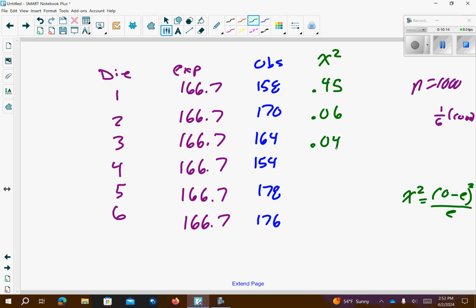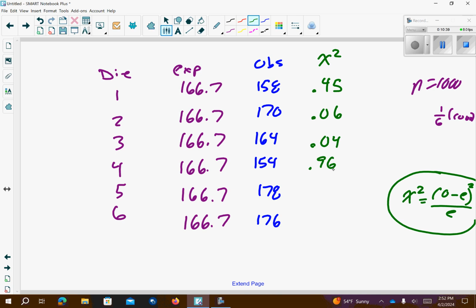And again, I'm just plugging these into this equation. I'm doing the math. Next one, 154 minus 166.7. Square that, it gives me 161.29 divided by my expected value of 166.7. So that's going to give me 0.96. Actually, it rounds to 0.97.